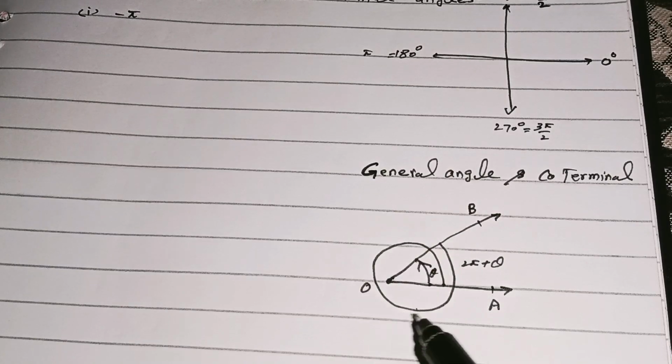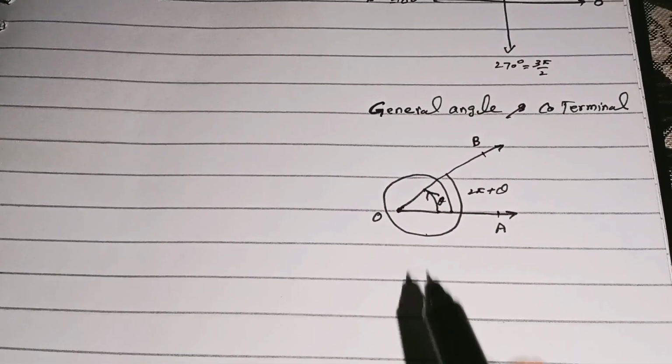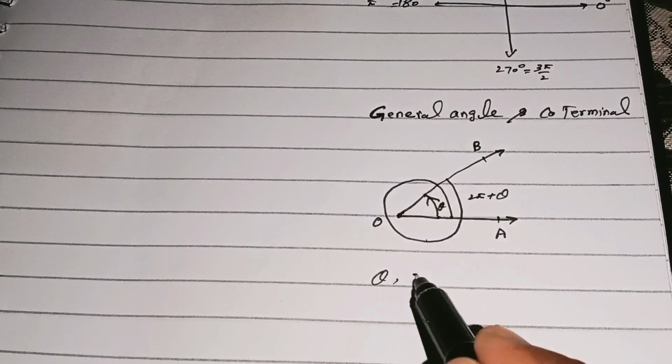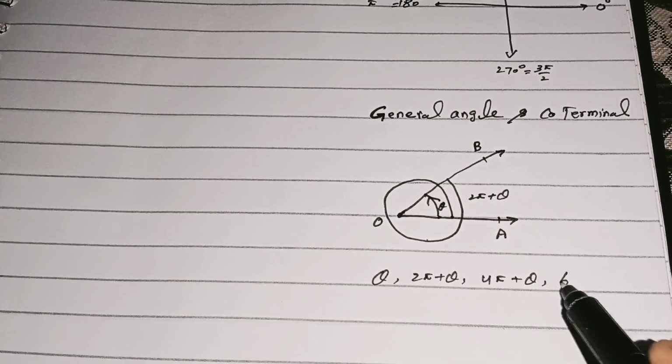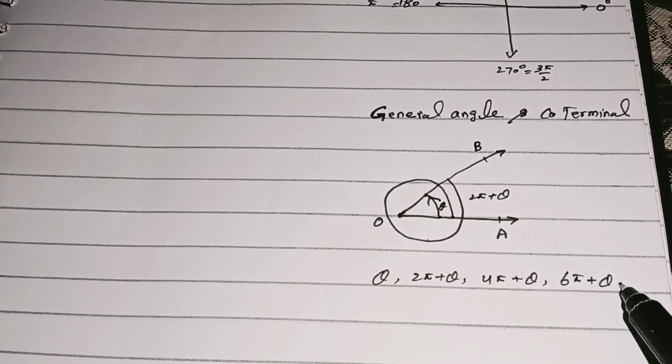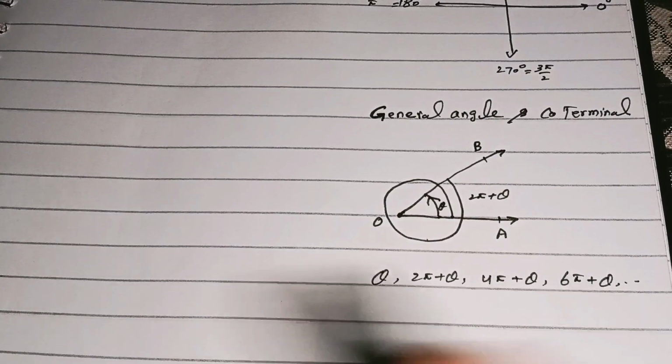After the second revolution, similarly we can say that theta, 2 pi plus theta, 4 pi plus theta, 6 pi plus theta, and so on are all coterminal angles.